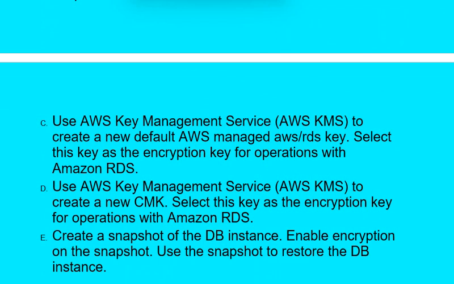Select this key as the encryption key for operations with Amazon RDS. Option D, use AWS KMS to create a new CMK. Select this key as an encryption key for operations with Amazon RDS.